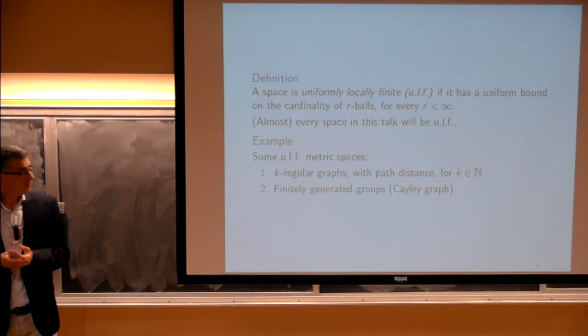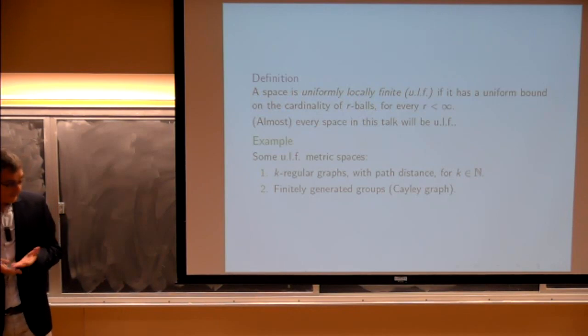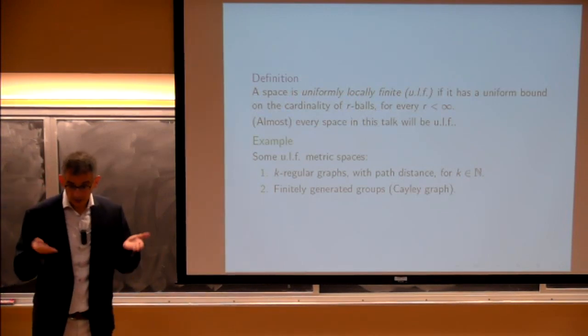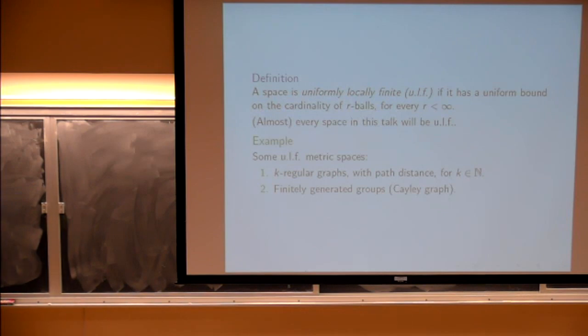So it is uniformly bounded. And a very important example, finitely generated groups. Take a finitely generated group, take a generating set, and look at the Cayley graph. It is a regular graph, and the space is uniformly locally finite.